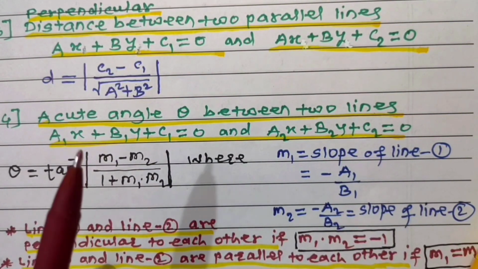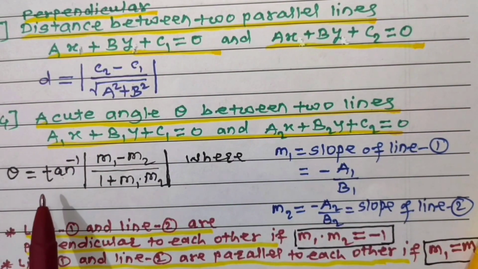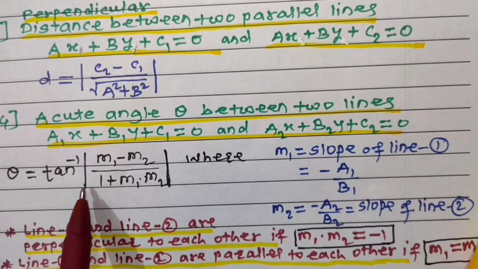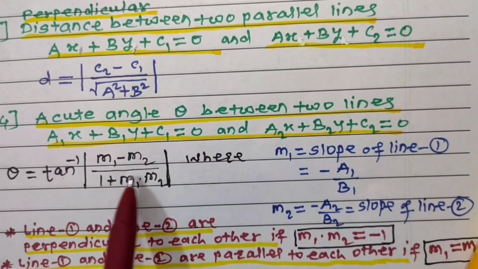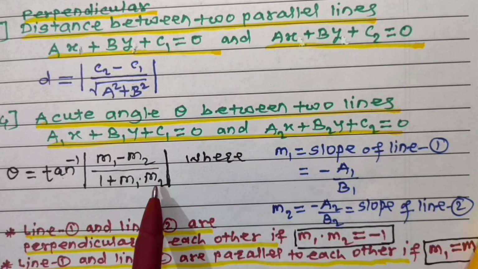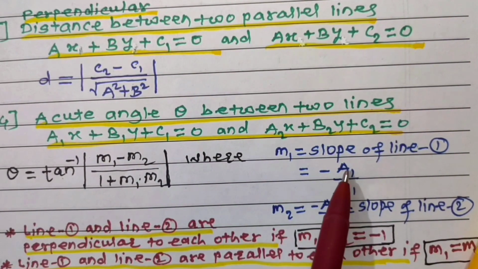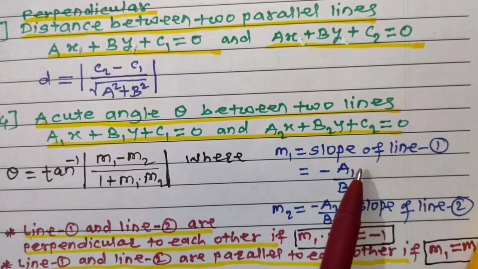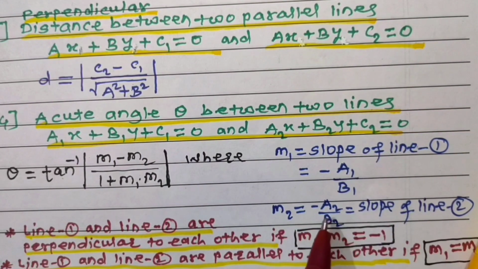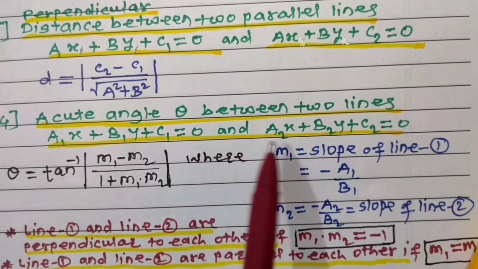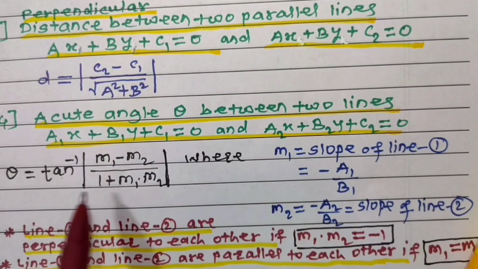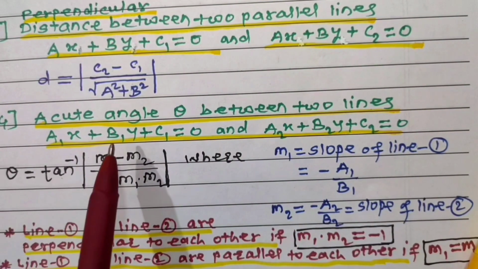To find the acute angle theta, it is given by theta is equal to tan inverse of modulus of m1 minus m2 divided by 1 plus m1 into m2, where m1 is the slope of line 1 which is given by minus coefficient of x divided by coefficient of y in line 1, and m2 is equal to the slope of line 2 which is given by minus a2 upon b2, where a2 is the coefficient of x in line 2 and b2 is the coefficient of y in line 2. Okay, we have to find the slopes of both the straight lines and use those slopes in this formula and get the acute angle between the lines.